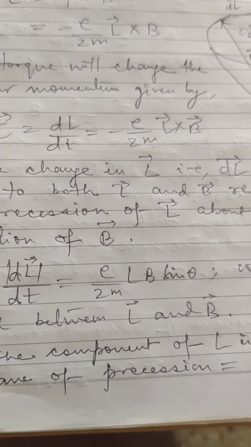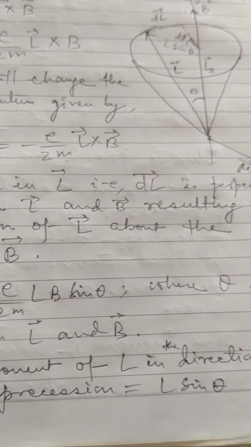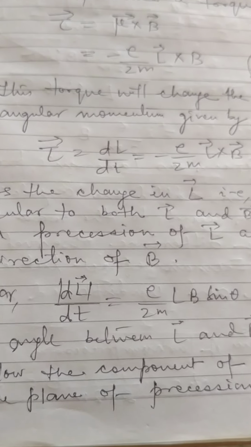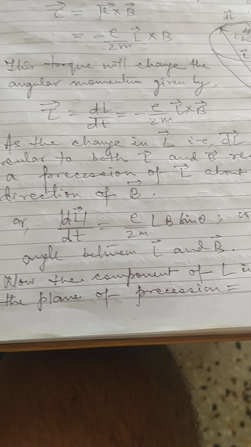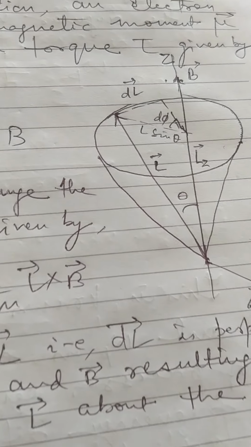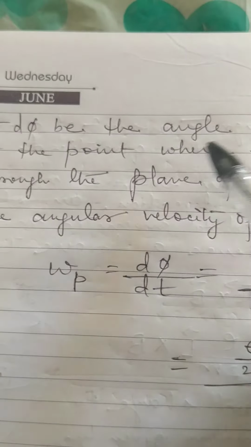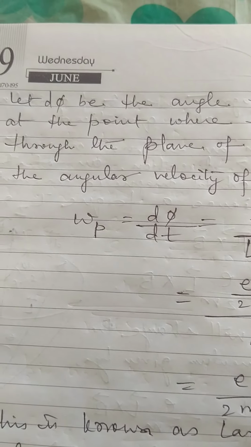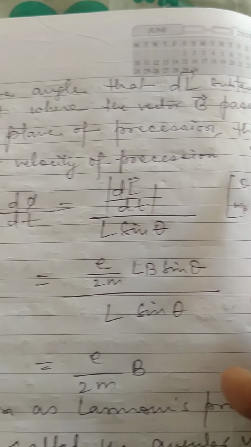So dL by dt is equal to e by 2m L B sin theta, where theta is the angle between L and B. In the plane of precession, the component of L will be L sin theta, as shown here. Let d phi be the angle that dL subtends at the point where the vector B passes through the plane of precession.